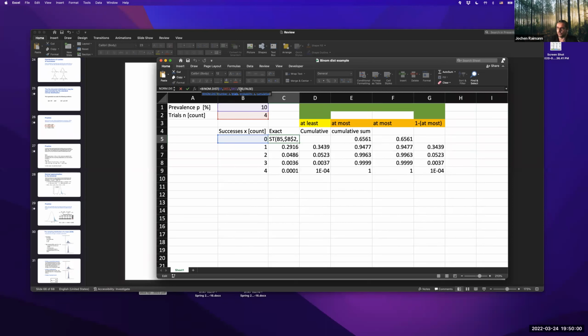So this is 0.1. And the cumulative option would be false. This gives you the exact probability of 0 events to happen with a known prevalence and known number of trials. So it's binom dist. I have posted this Excel spreadsheet in the discussion board.